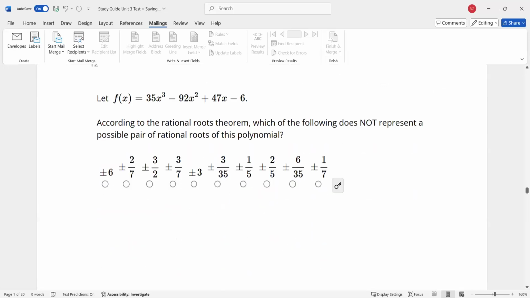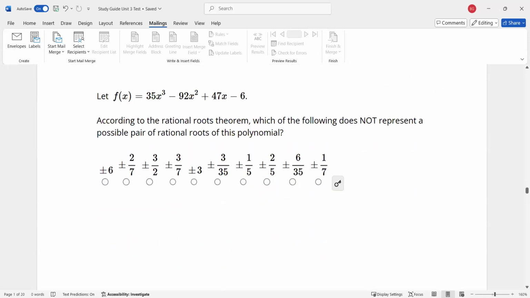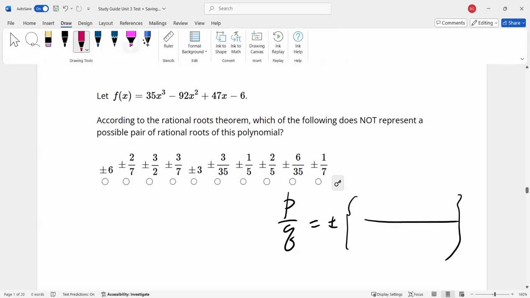Next question, number 12. According to the rational roots theorem, which of the following does not represent a possible pair of rational roots of this polynomial? Okay, so remember p over q equals plus minus. The numerator is going to be the factors of the absolute value of the last term, which is 6.